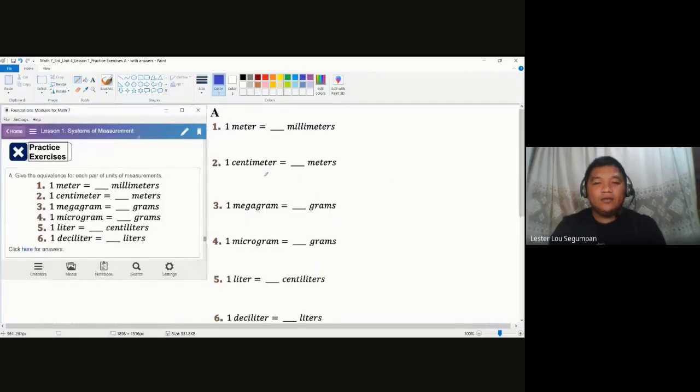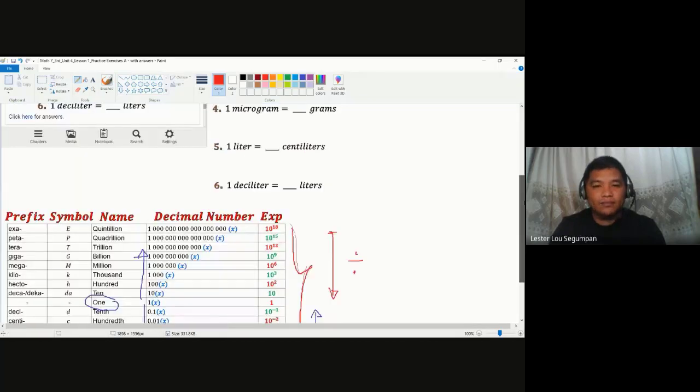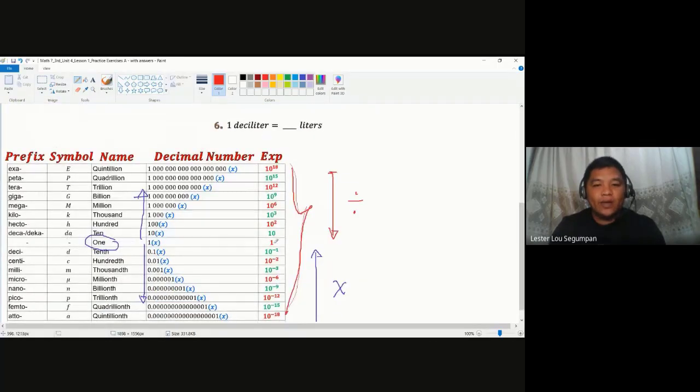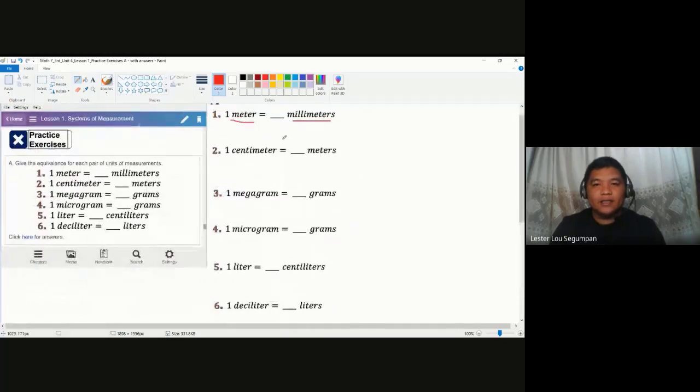Again, I know for sure that some of us already know how many millimeters there are in 1 meter. But let's try to use that concept as we move from one step to the other. To solve the number of millimeters in 1 meter, we could just simply take the exponentiation of meters and millimeters and use the process described earlier. For meters, we have 1, right?